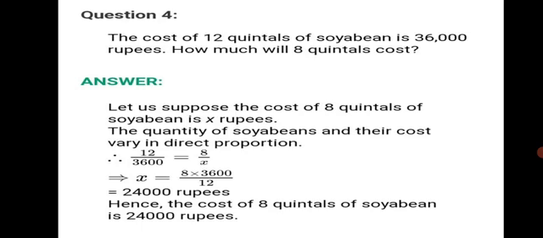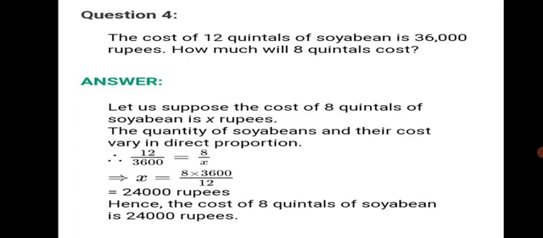Now, 12 quintals cost 36,000 rupees. So 8 quintals is less than 12. Will the cost increase or decrease for less quintals? It will decrease. That means both quantities are decreasing. When both are increasing or both are decreasing, we say they are in direct proportion. So you write your statement: the quantity of soybeans and their cost vary in direct proportion.